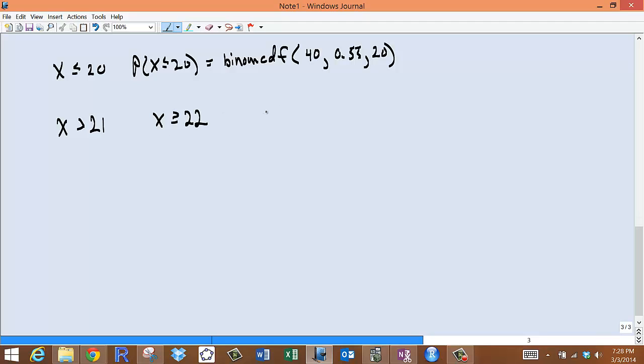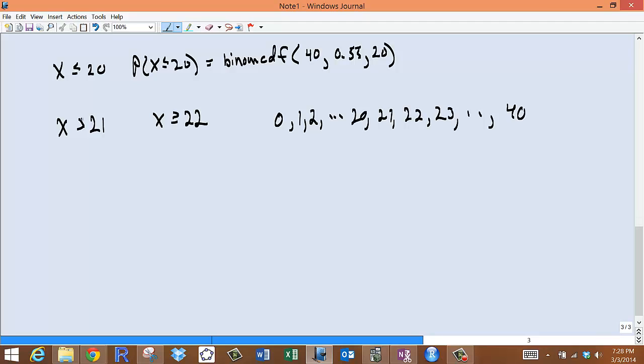And we can say that the total probability from 0 to 40 is 1. So essentially, let me just write it out: 0, 1, 2, ... 20, 21, 22, all the way up to 40.